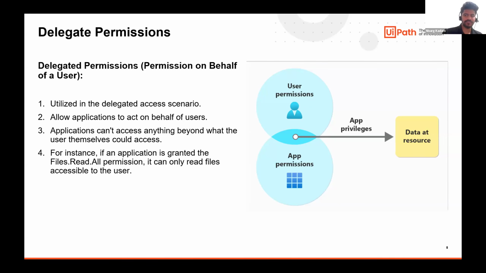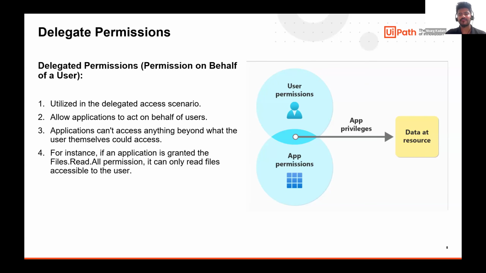So when you give a delegate permission to a certain Azure application, the main functionality is that the app actually gains access over your user's data and resources, and based on the permission granted by the user, it acts. The whole security when using delegate permissions is that the user's identity and the user's permissions are used for that specific app, so that the app cannot do anything beyond the user's own access.